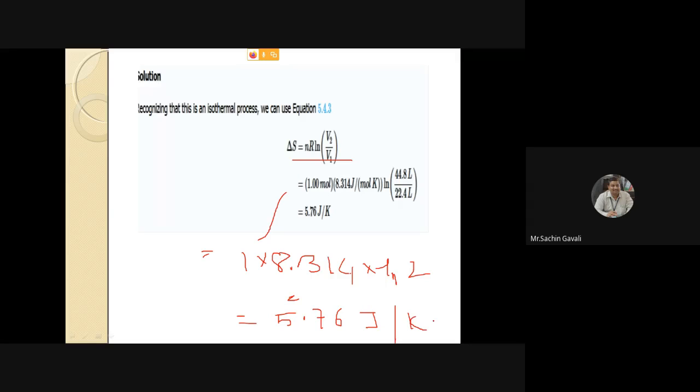Both units should be the same. Therefore, 1 mole, R will be 8.314 joule per mole Kelvin, and the ratio V2 by V1 is 2. So delta S is 1 into 8.314 into ln of 2, which is going to be 5.760 joule per Kelvin.